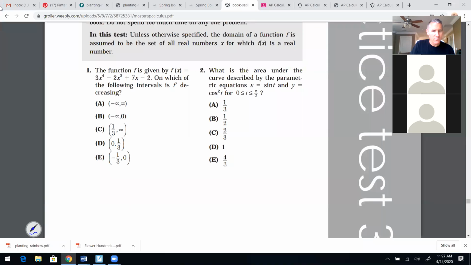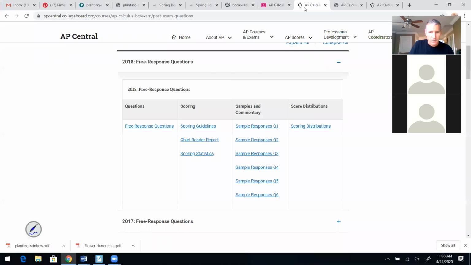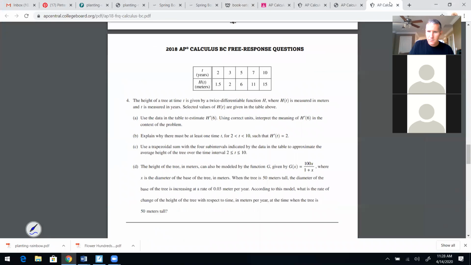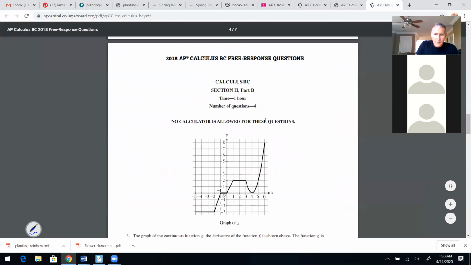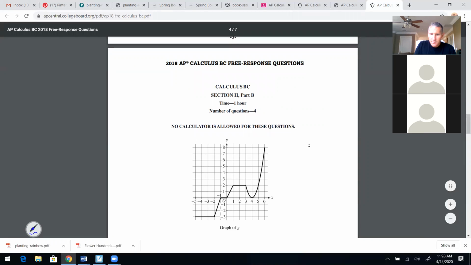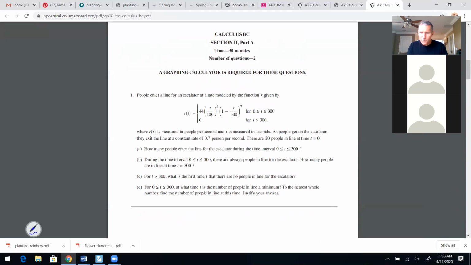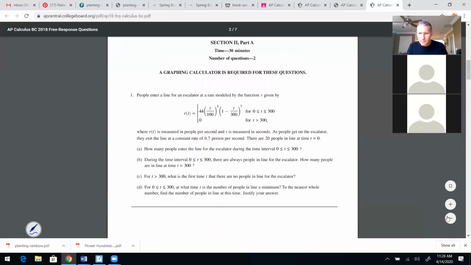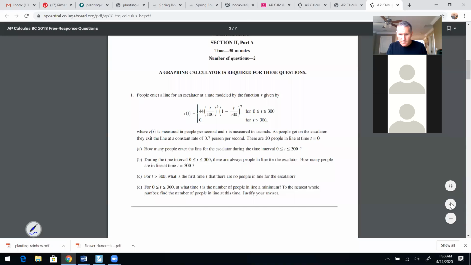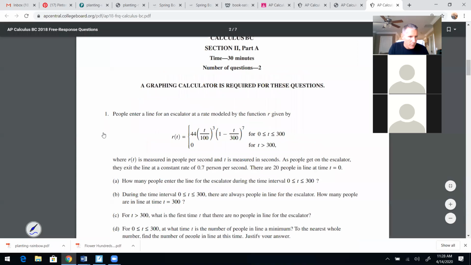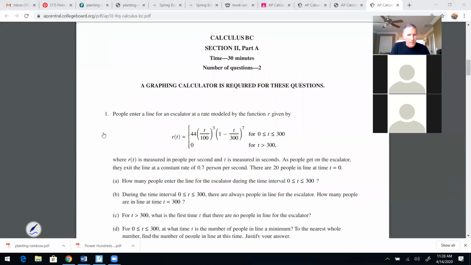So let me bring this over here. Did we ever do this problem here, guys? This is from 2018.